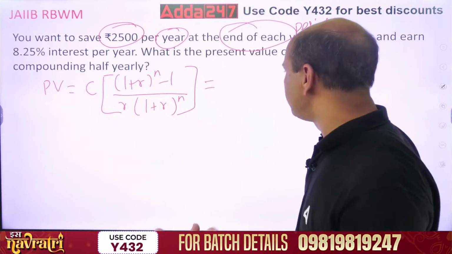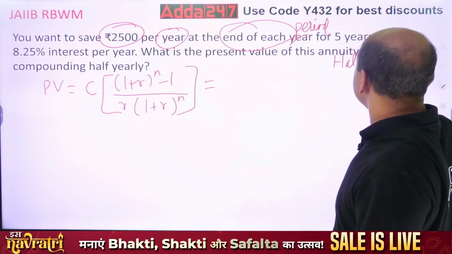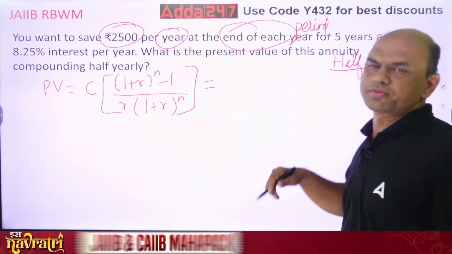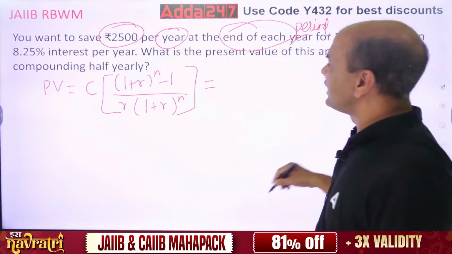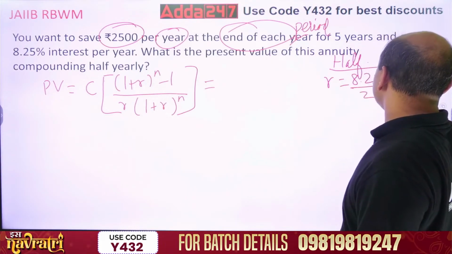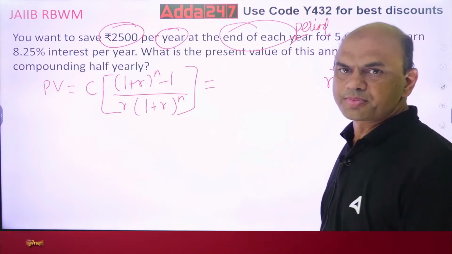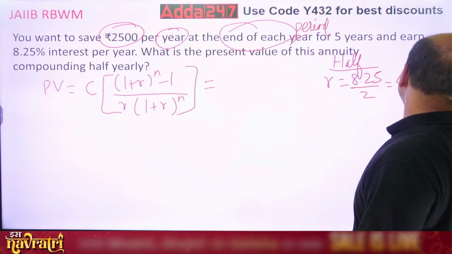Compounding half yearly means what? Whenever you have half yearly, everything is half. R equals half. What is R given? 8.25. So 8.25 upon 2, whatever this answer is, 4.125%.